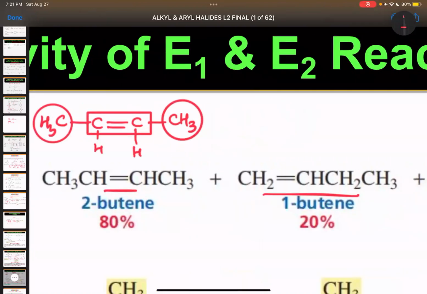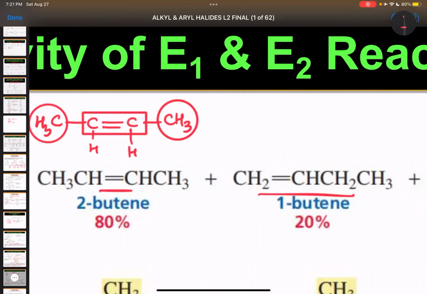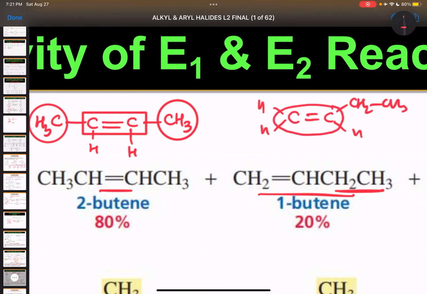And suppose you form an alkene which is on the outer section, this one, having one double bond and this is an ethyl group, CH2 CH. So how many alkyl groups are there on this?